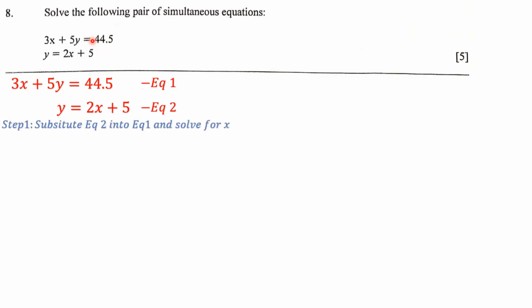And the first step is to substitute equation 2 into equation 1. And then we're going to solve for x. So let's do that. We're going to take equation 2 and put it inside equation 1.